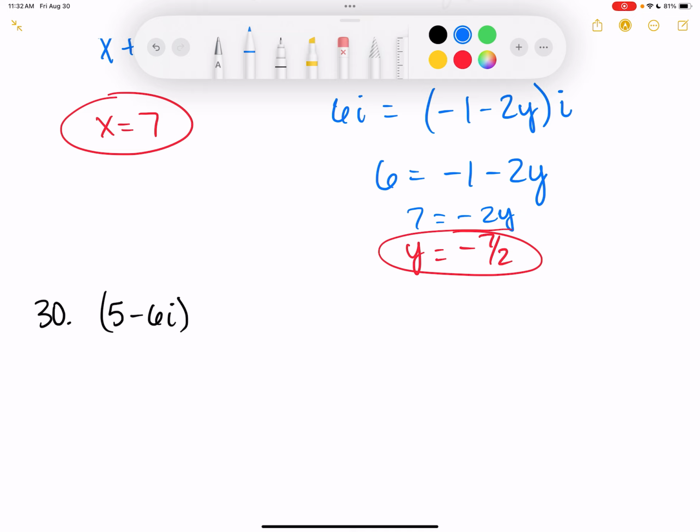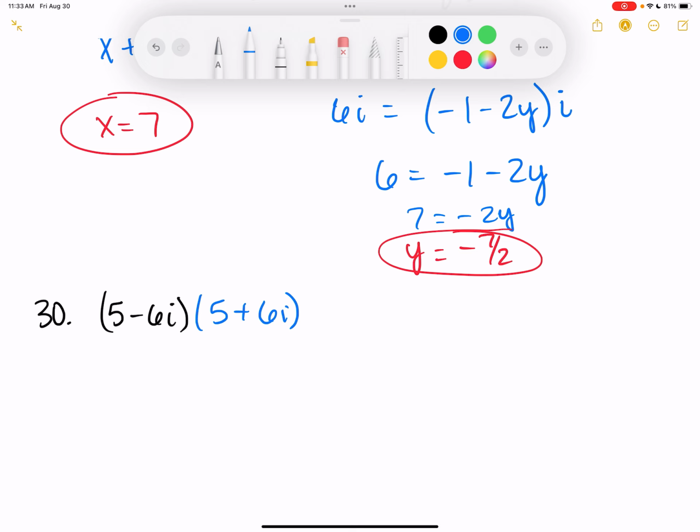Yep, 5 plus 6i. This one is a difference of squares.